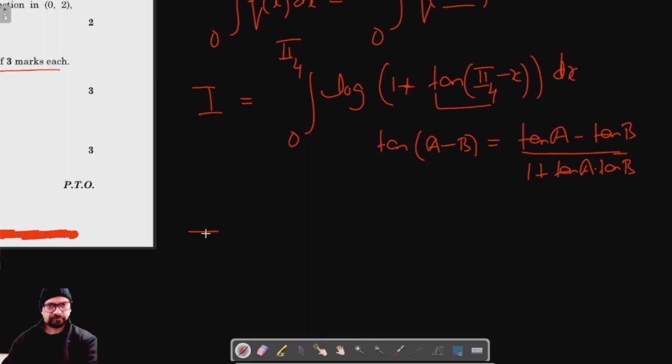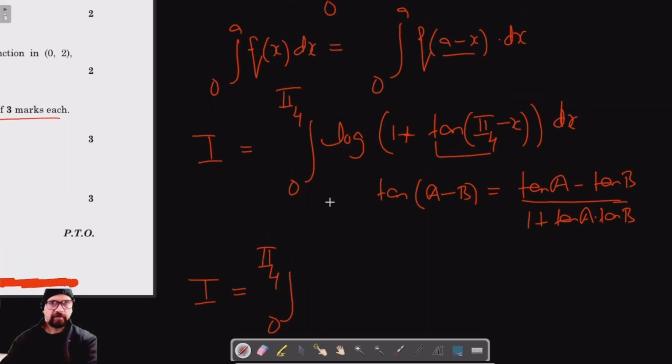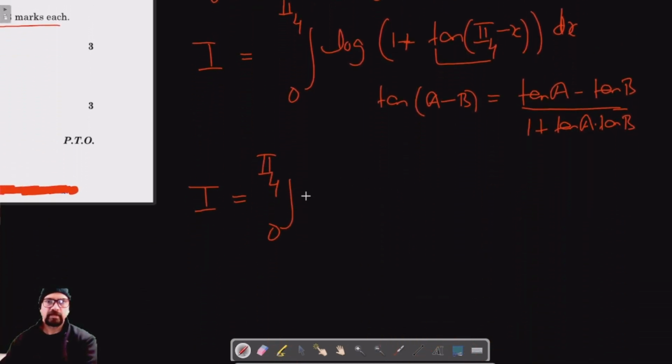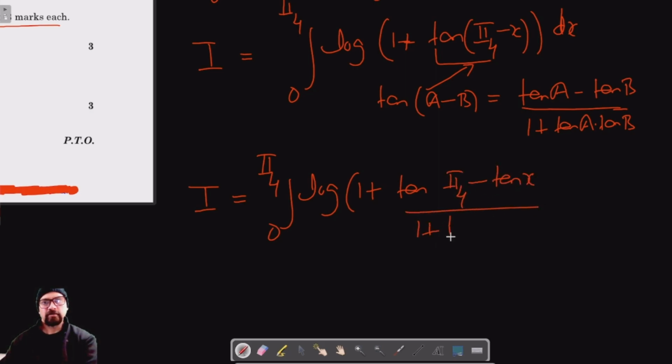Now, I is equal to the integral from 0 to pi by 4, and let's consider this as our first equation. So this is log of 1 plus, using the tan a minus b formula here, tan a, which is pi by 4, minus tan b upon 1 plus tan of pi by 4 into tan b, which is x.